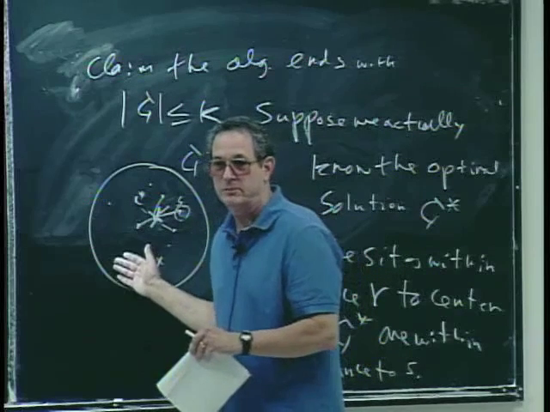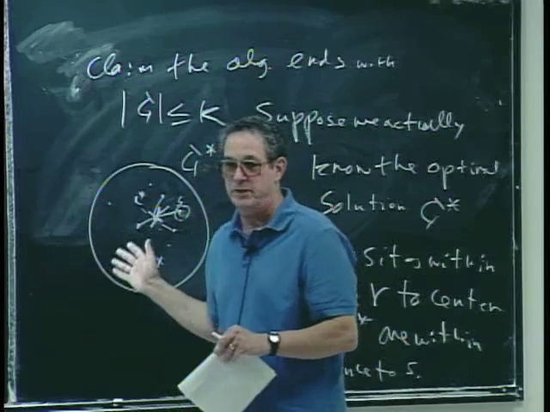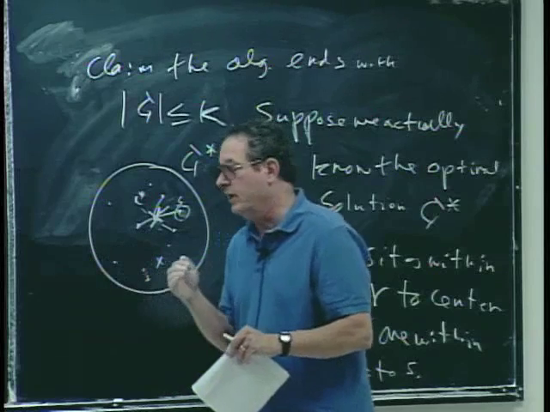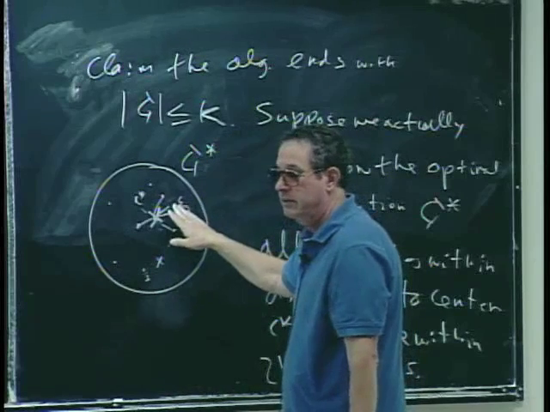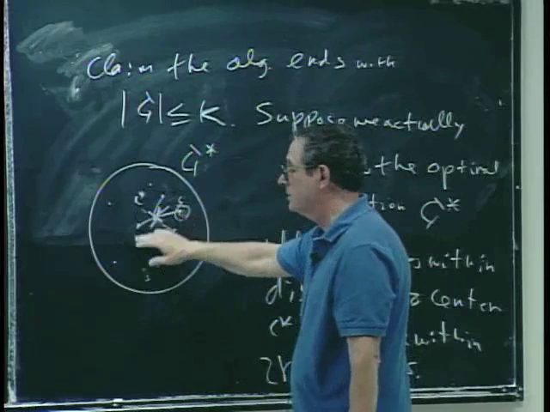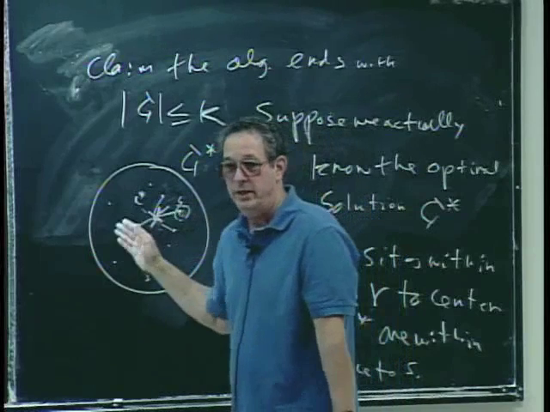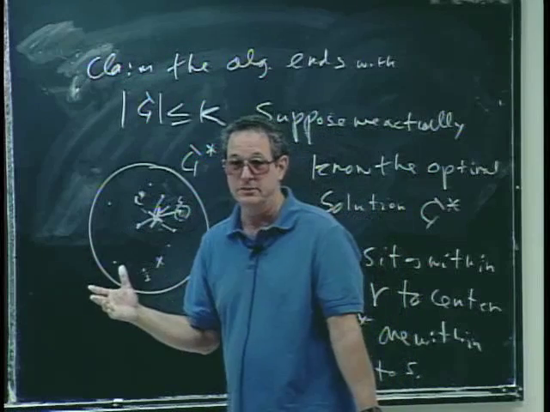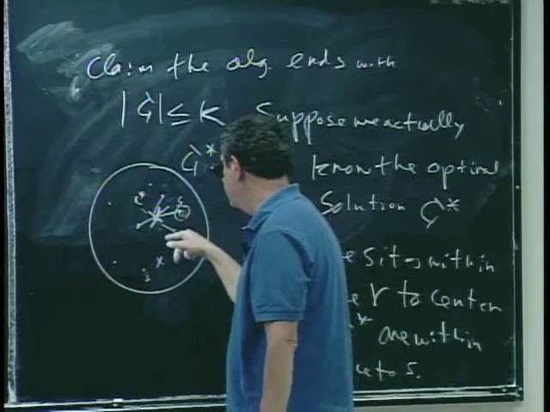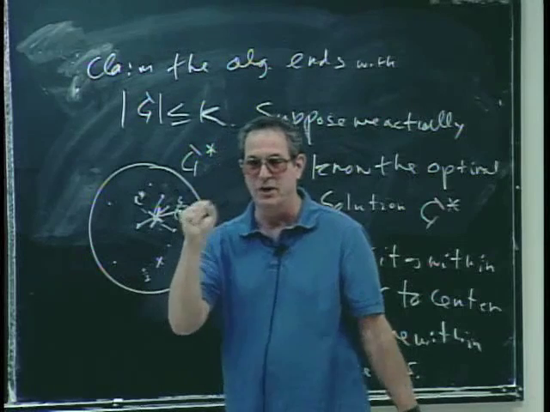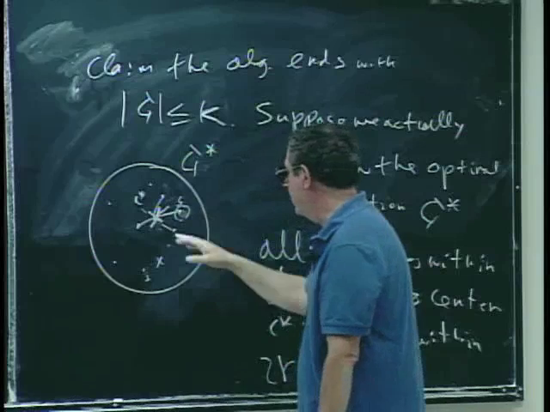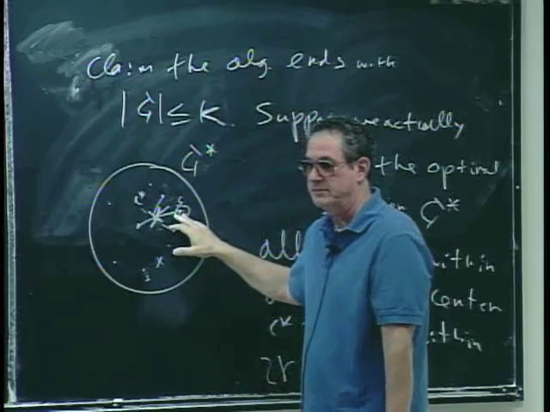Well, you can convince yourself this is polynomial time. It's a fast algorithm, such that it picks at most K centers, and the distance of any site is at most 2R, I'm rushing, 2R of one of the chosen sites.